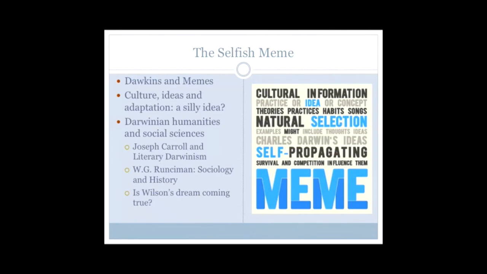I tagged on at the end of this section something about Richard Dawkins' ideas of memes, because to some degree these are tied quite closely to notions around evolutionary psychology. So memes, what are they? What do you think of a meme as?